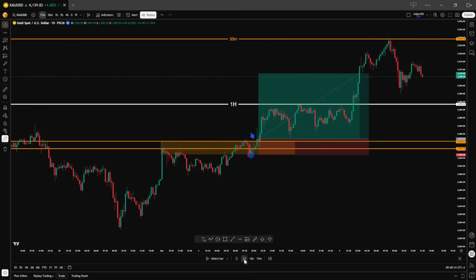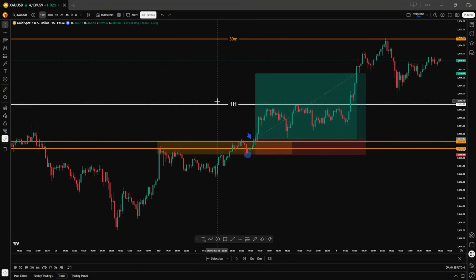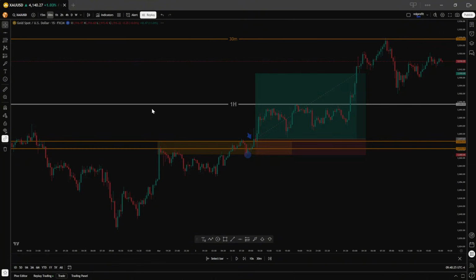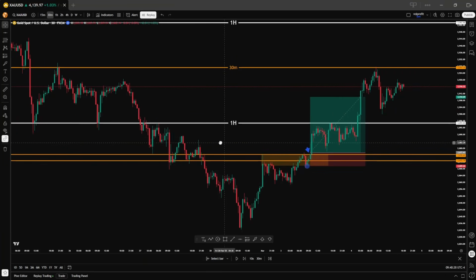Back to our strategy. The previous level we drew just got broken, so we wait again for a pullback to that level. We adjust our zones again.